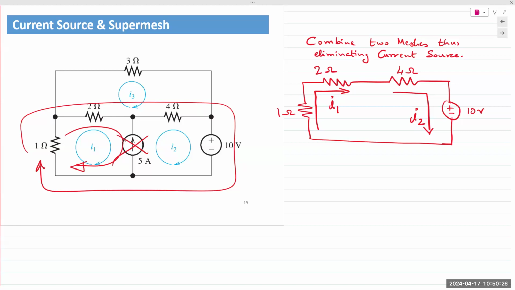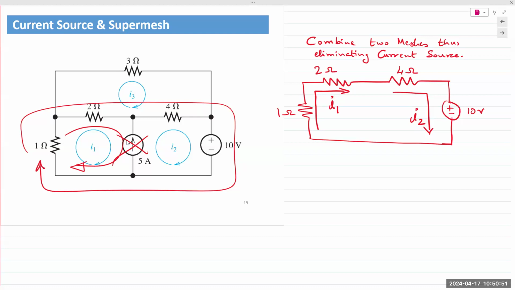Same thing as super node. In super node, you apply KCL at both ends of the voltage source and eliminate the voltage source from the middle. The same thing here. We are applying KVL in the two individual meshes and equating them together. Rather than doing that, we do a shortcut where we apply KVL in the outer loop. And that's it. This is easier to explain than super node.